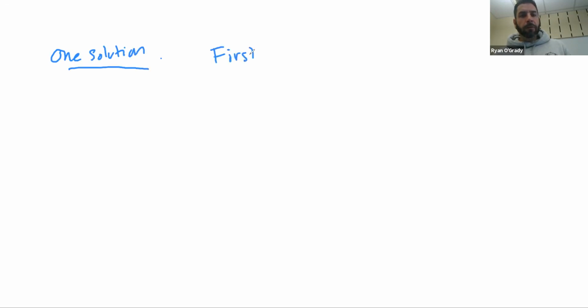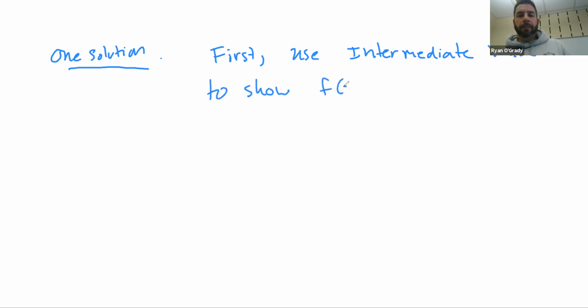So here's one way to solve it. There's more than one way that you can reason this correctly. So here's one solution. First, we'll use the intermediate value theorem. You remember that maybe from chapter 2. To show f of x equals 0 has at least one solution.